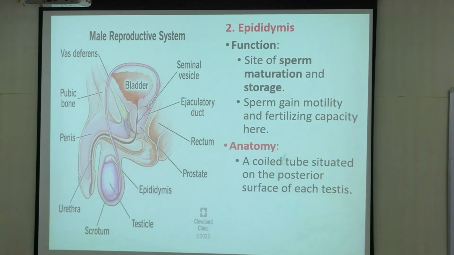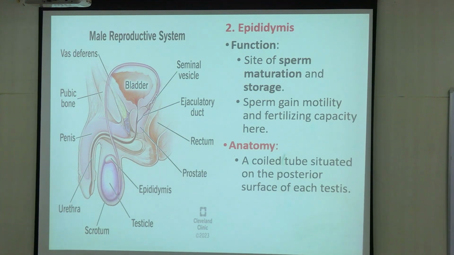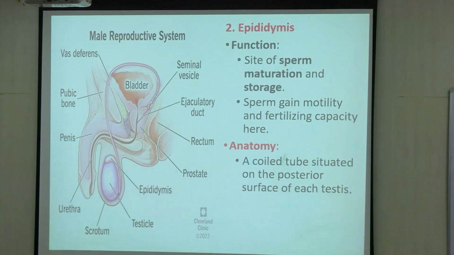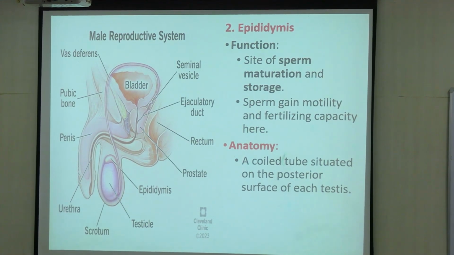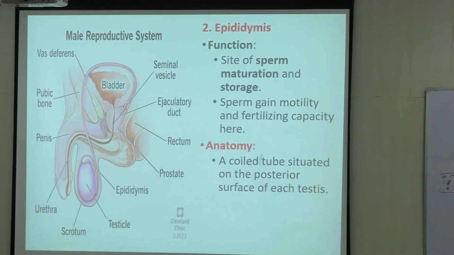If you see the functional features of the epididymis, it mainly acts as a site of sperm maturation. Not only is the synthesis of sperm important for reproductive purposes, at the same time maturation is also important. So the epididymis acts as a site of maturation, and also as a storage site for sperm. It also involves the motility of the sperm.